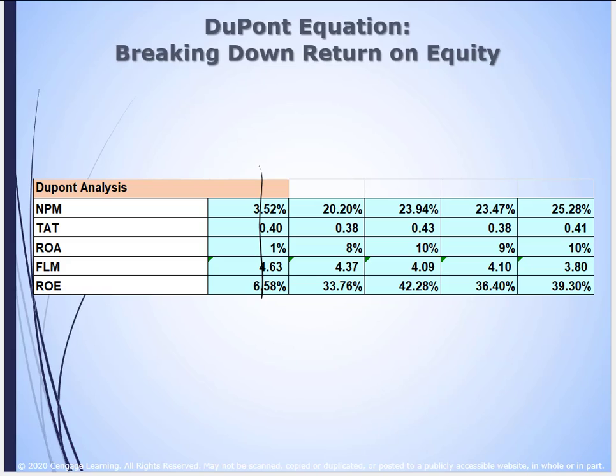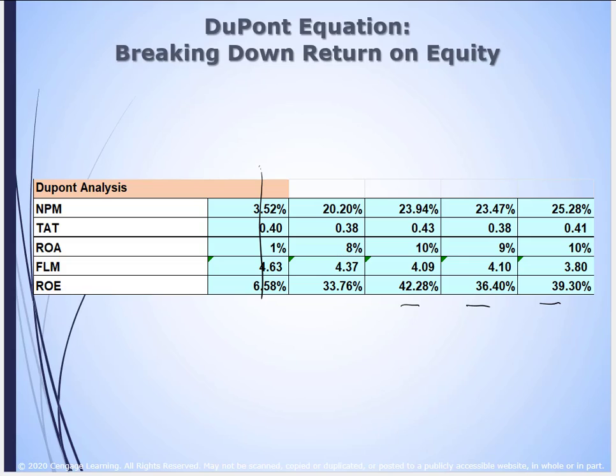But our financial leverage multiplier seems to be declining, so it's going down. So what do you expect? If leverage is going down, what should be happening to return on equity? It seems like there's a little bit of a downward slope happening here.